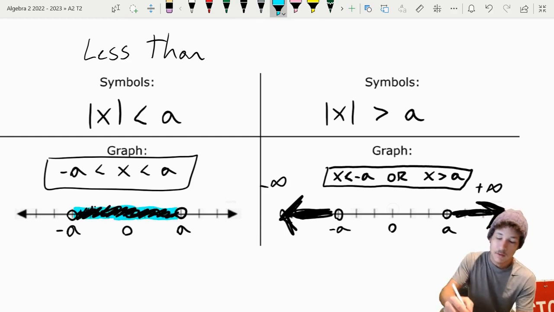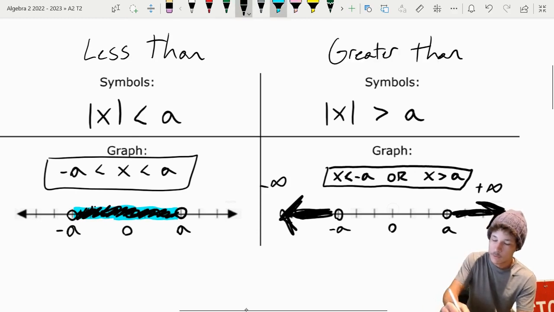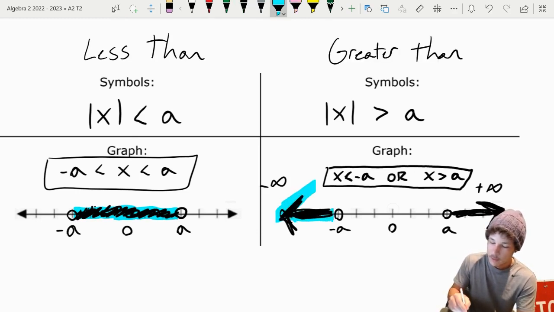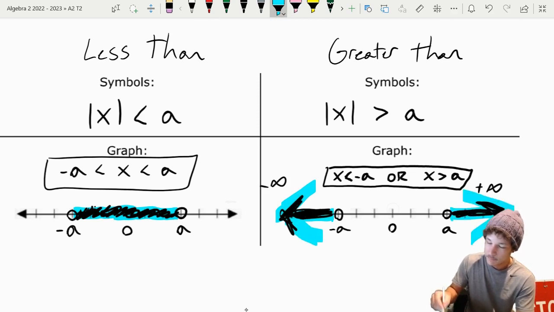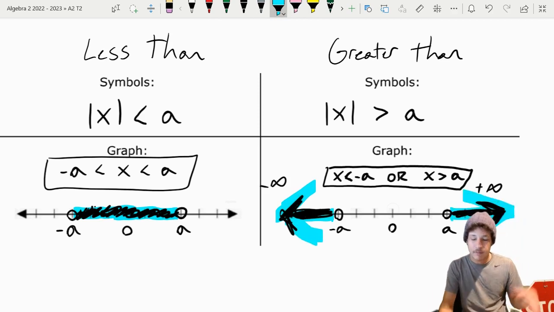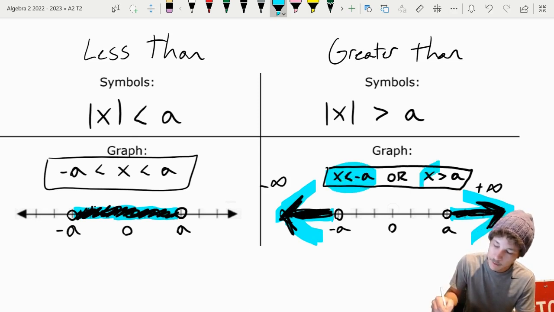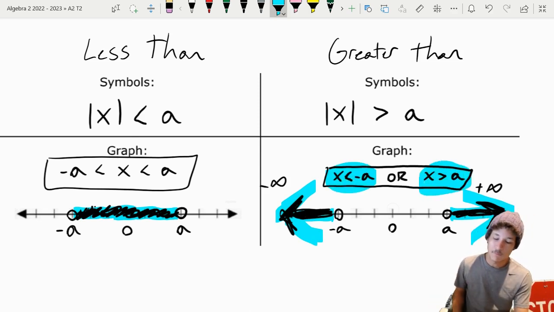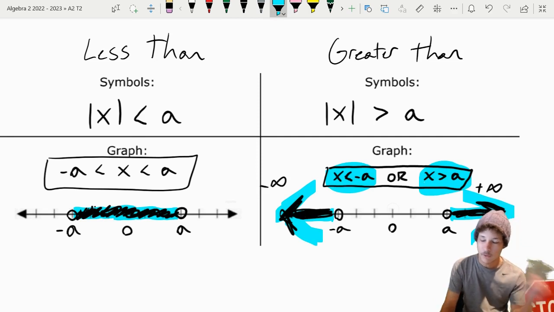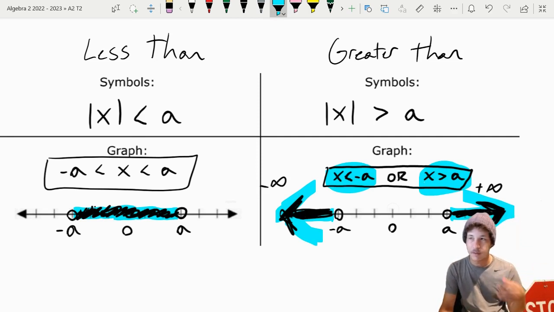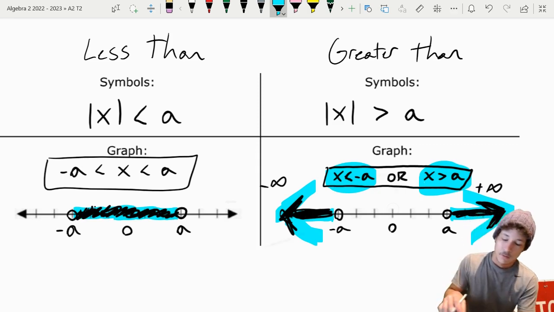Then we could have greater than, where my solution set is actually everything besides the first one. So it's everything outside of that set. In other words, there's two different sets. So we have one set for less than and 2 sets for greater than. You have to keep that in mind. Even if you're using Desmos to get around this, you have to know this in order to get the questions correct.